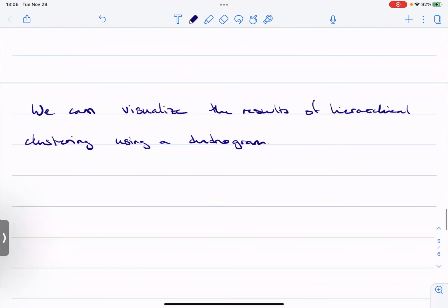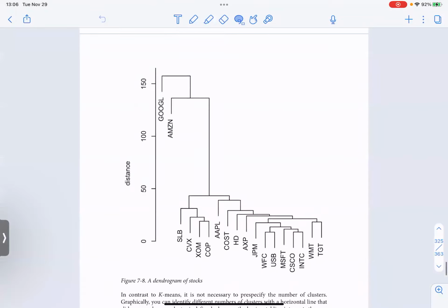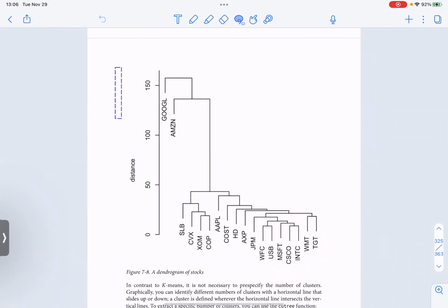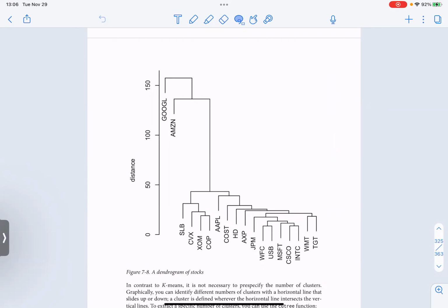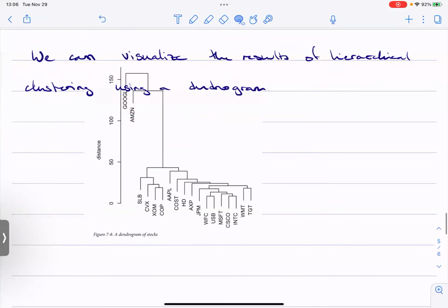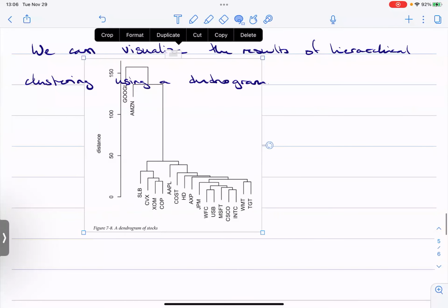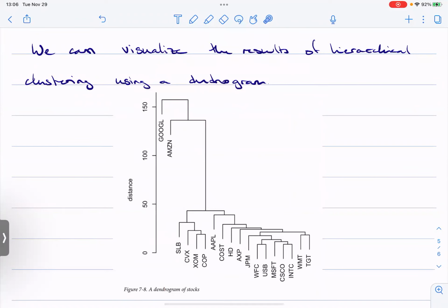Now, instead of me drawing it out, I'm actually just going to steal it from the textbook here. So we've got this example of stocks, and then we've got the distance on the y-axis, and we have the labels of each of the stocks on here.